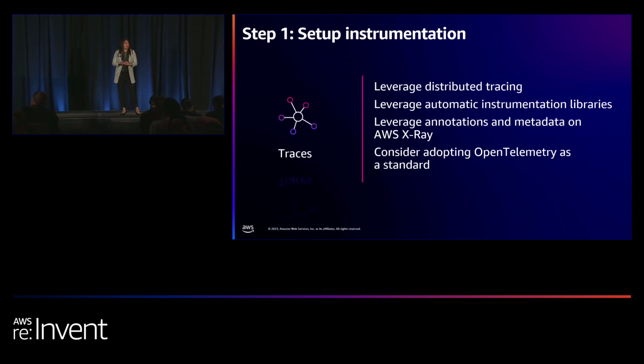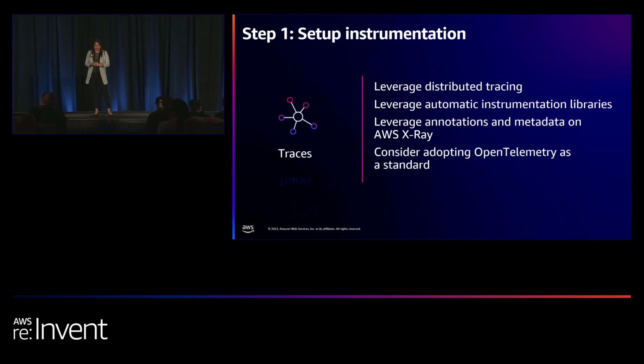You could even modulate it based on your requirements. And the idea is to get at least some examples of how the request behaved when it came in. There are many cases where you can also leverage automatic instrumentation and get immediate visibility. So AWS X-Ray will generate the trace map automatically for you. It's a really nice visual picture that helps you really zone in on the problem area right away.